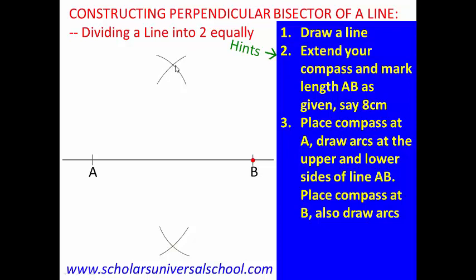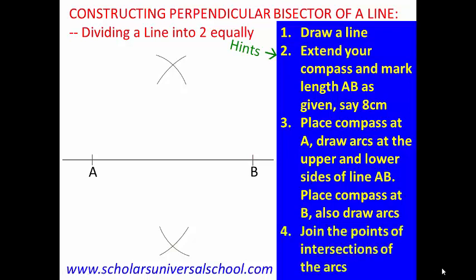You can see the two arcs below the line intercept each other here. The two arcs above the line intercept each other here. So the next thing is that we are asked to join the points of intersection of the arcs.